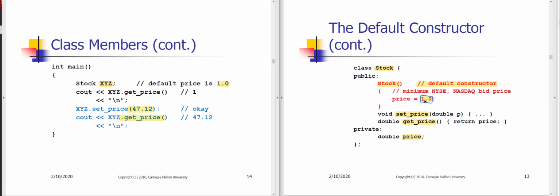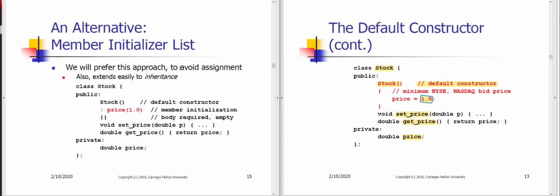In the implementation here on slide 13, we did an assignment to the price data member of the value 1.0 in the body of the stock constructor code. But in general, for several reasons that we'll get to as we crunch along here, it's better to avoid assignment and instead use what's called member initialization syntax.